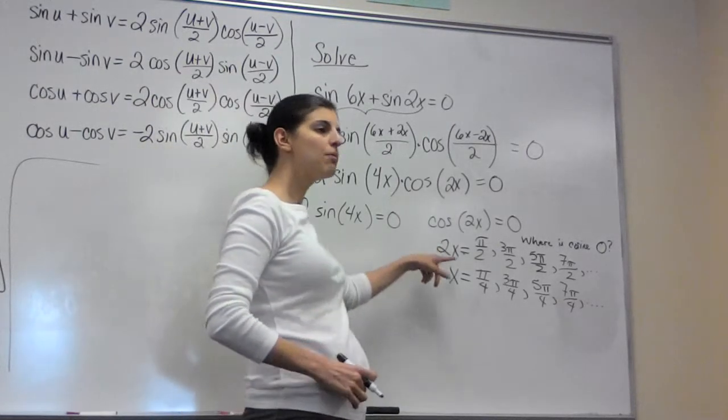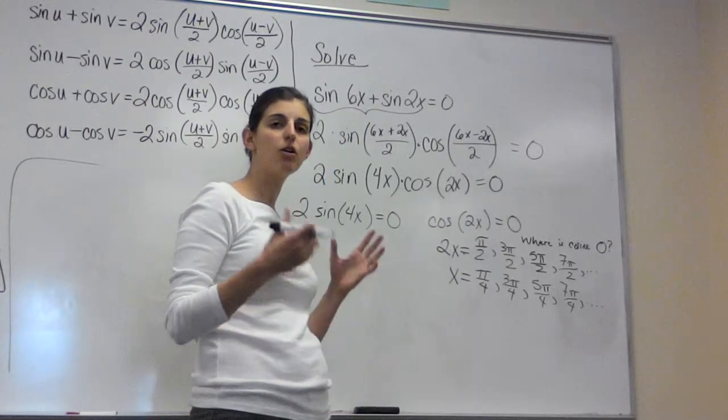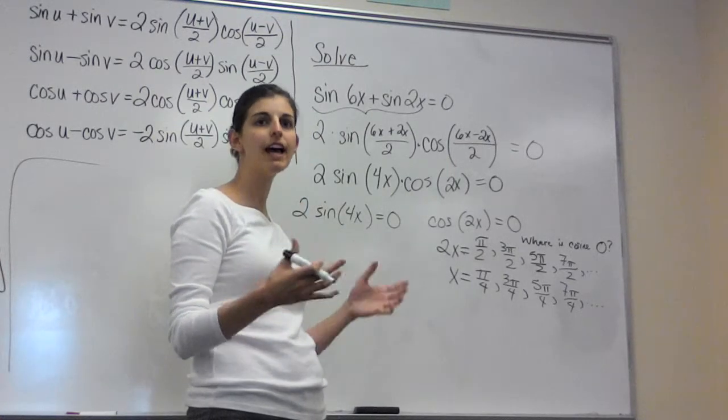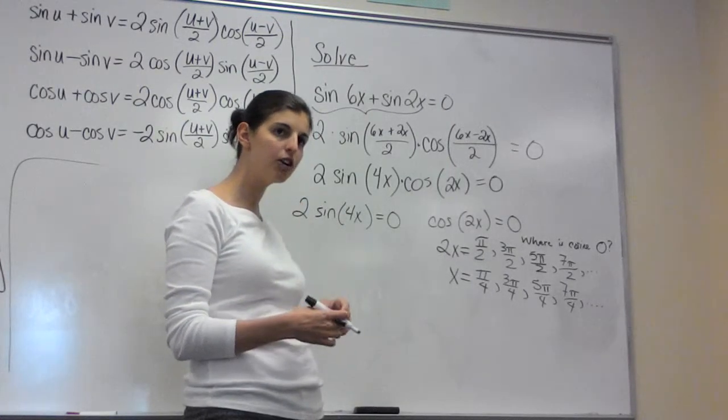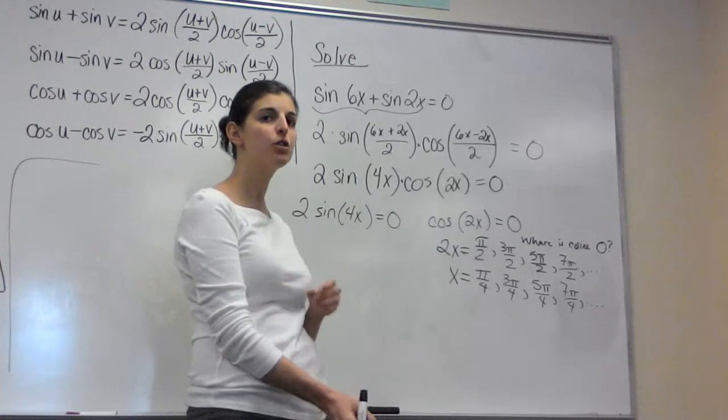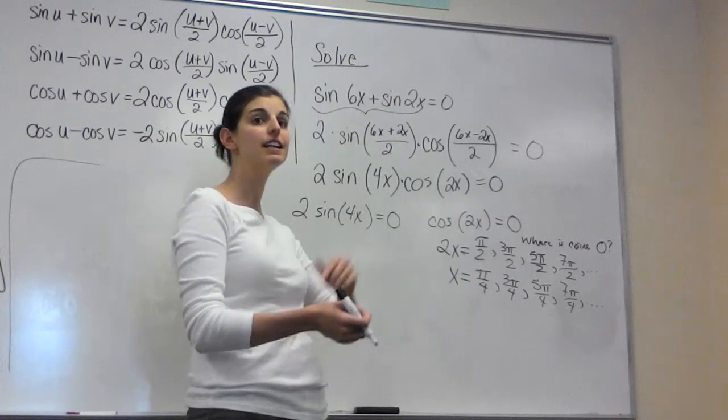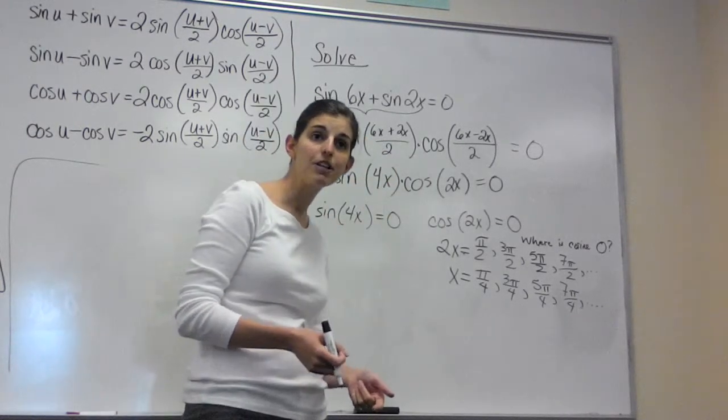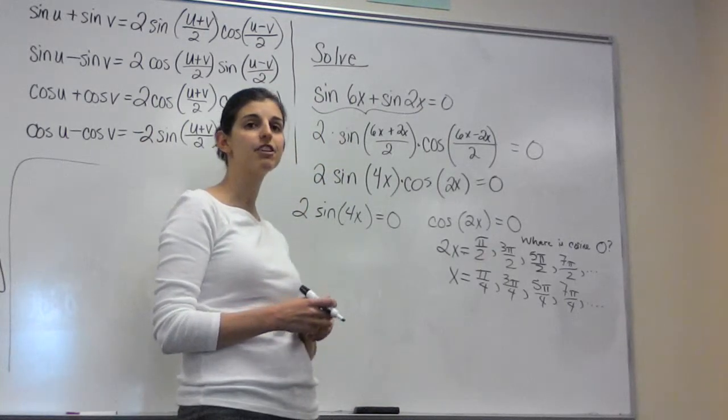Divide all your angle measures by 2 and you'll find out what x equals. X in this case is not your angle measures that cause your cosine to be 0. X is half your angle measure that causes your cosine function to be 0.